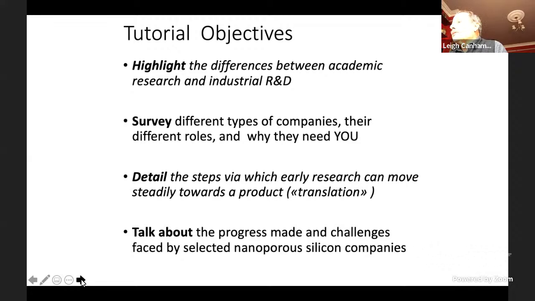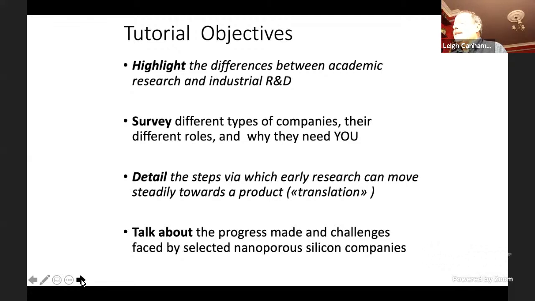We're then going to look at the classical steps via which an early idea can eventually become a product. And the speed at which that happens very much depends on the application area.